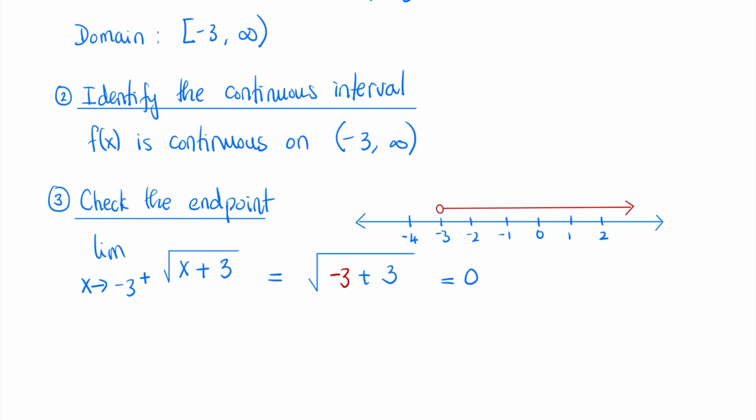Now, let's compute the function value at x equals negative 3. Since f of x is the square root of x plus 3, to find f of negative 3, I'll replace x with negative 3. Negative 3 plus 3 is 0, and square root of 0 is also 0.